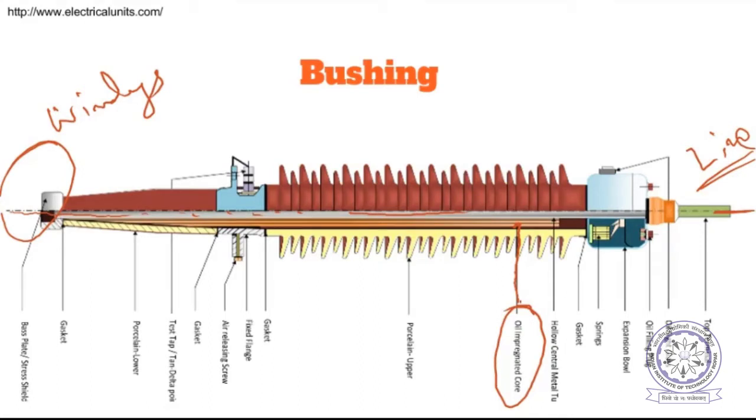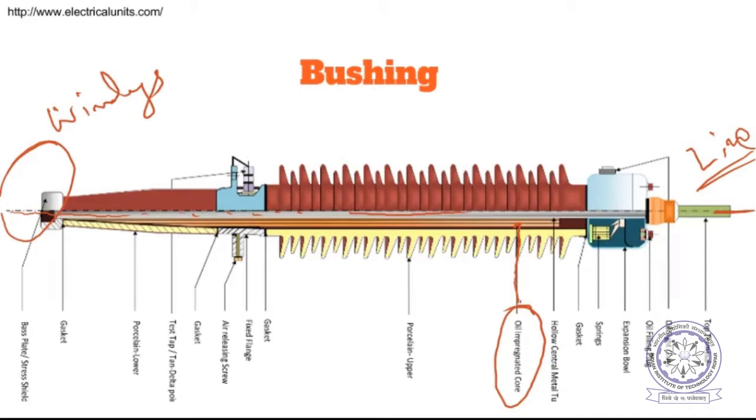Electric field, if you do not grade it, electric field will be enhanced at certain places. So in order to control the electric field, there will be several layers of aluminum also in between the layers of oil impregnated paper. Oil impregnated paper is actually a special paper known as kraft paper.